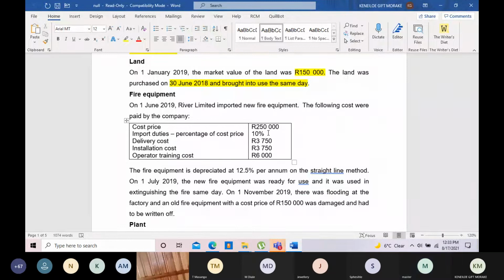To say 250,000 multiplied by 10%, you're going to get 25,000. Import duties is equal to 25,000 in this case. Then delivery cost is 3,750, and installation cost is 3,750 as well. So let's continue reading the adjustment.